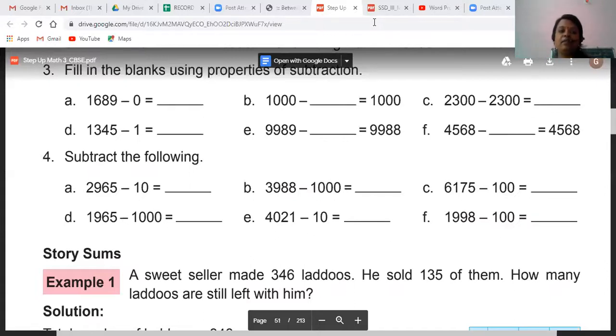Here you can see we have to fill in the blanks using the properties of subtraction. So here we go with the answers. 1689 minus 0 is the number itself, that is 1689.